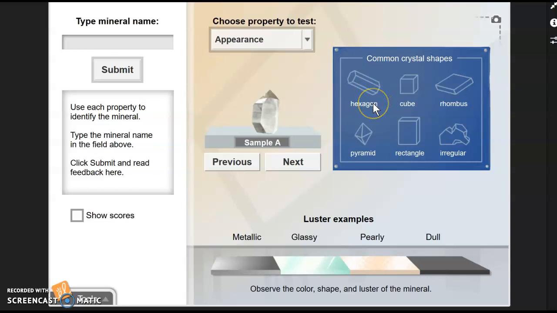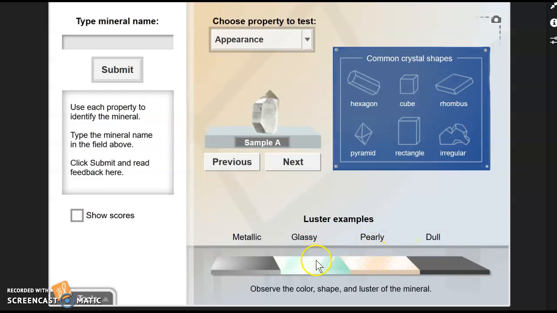Well, first of all, this looks more like a hexagon, if I were going to guess. So I'm going to jot down on a piece of paper that this has a hexagon shape. When I look at the luster examples, that is how shiny is it? Is it shiny? Is it dull? Is it pearly?